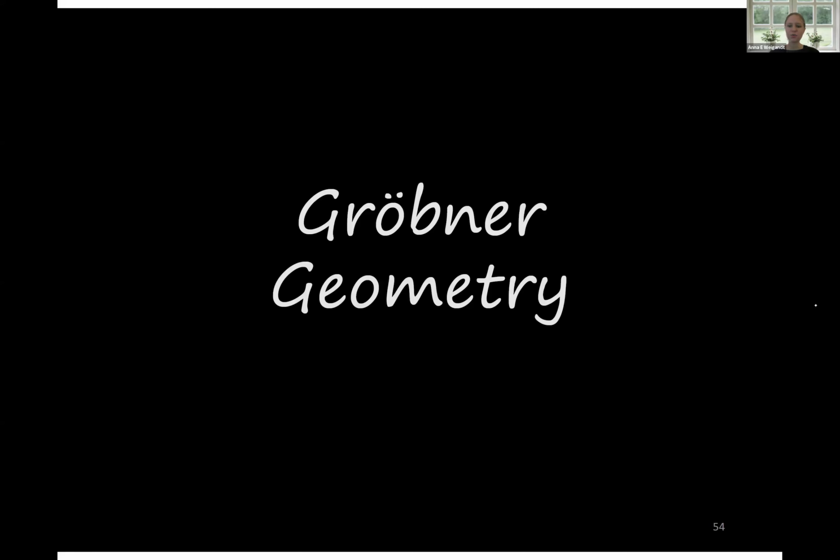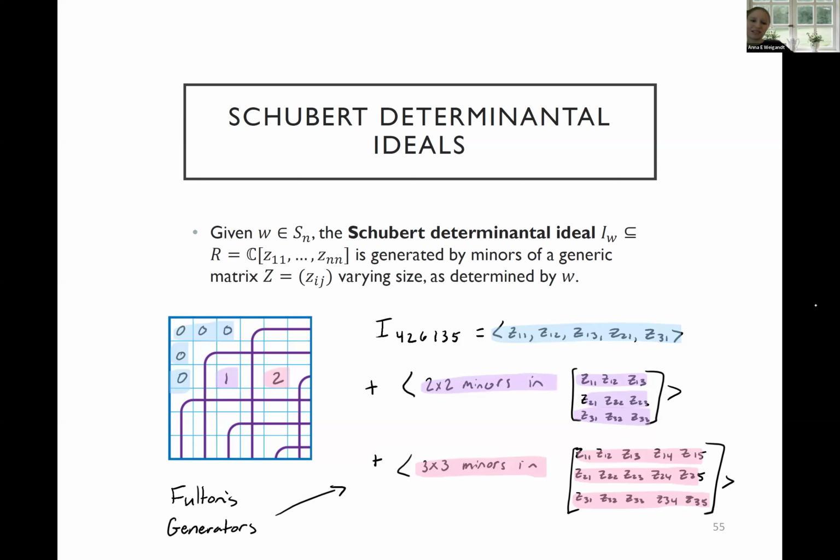Okay, so what we can do with these things is we can see bumpless pipe dreams hiding in another way deep inside of the geometry. So we can start with our Schubert determinantal ideals, which are the ideal version of the alternating sign matrix variety. And we get some rank conditions, and there's some most important ones, but here I'm just flashing a picture.